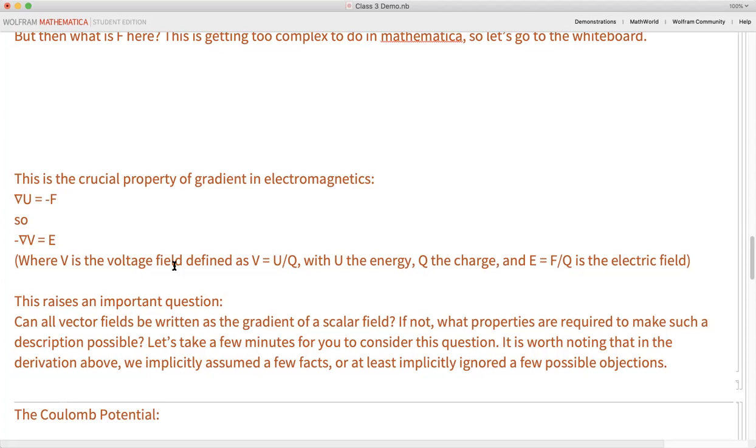This also gives you something. For example, this tells you that there should be a potential field for gravity, right? Gravity is a force. It points in some direction depending on your position, with some intensity dependent on your position. This tells you that there's an equivalent to, quote unquote, a voltage field, the gravitational potential field for mass.